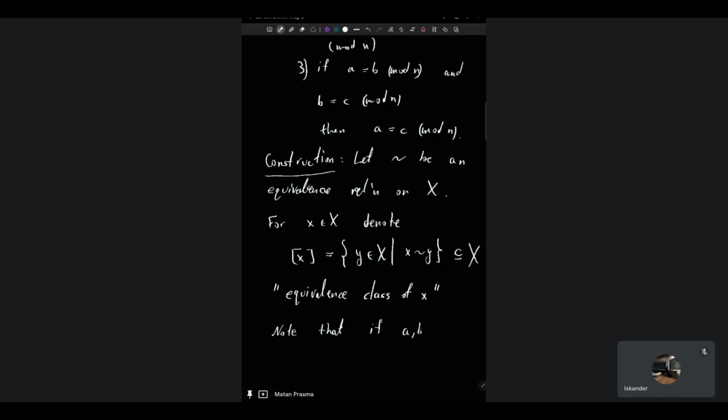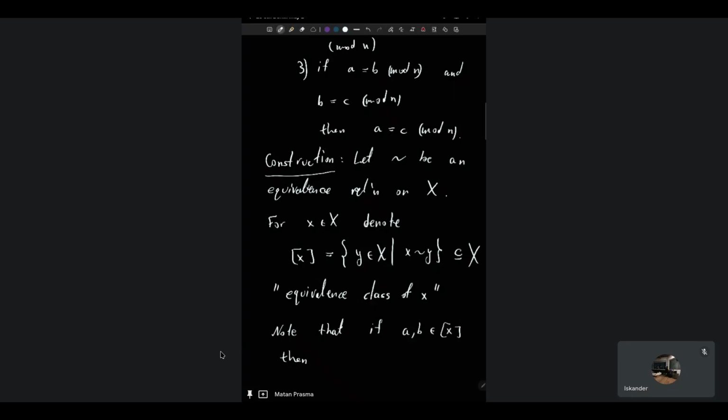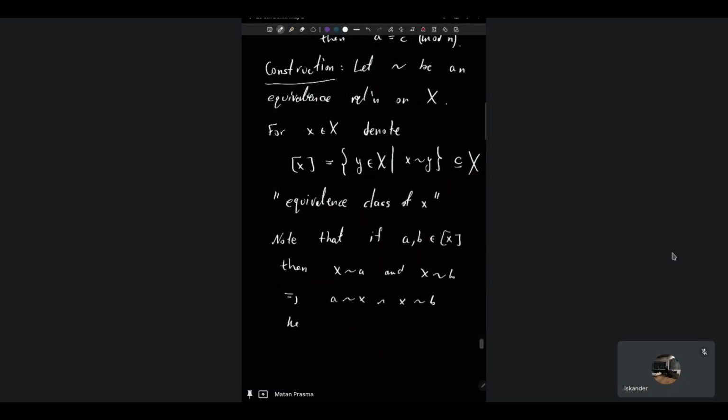And if I have two elements A, B in the equivalence class of X, then X is equivalent to A, and X is equivalent to B. By symmetry, A is equivalent to X, and I also know that X is equivalent to B. Hence, A is equivalent to B by transitivity.